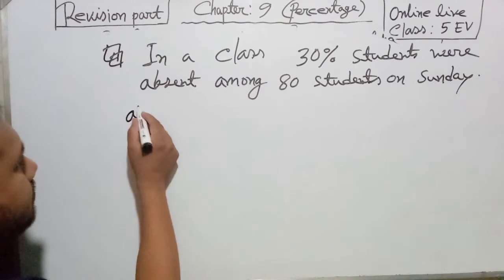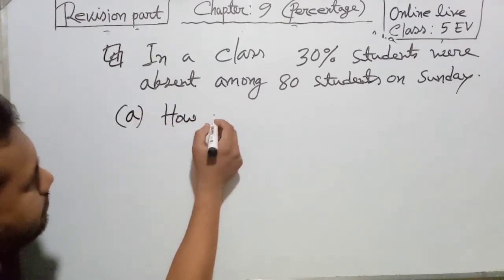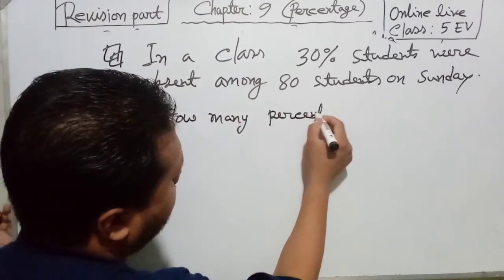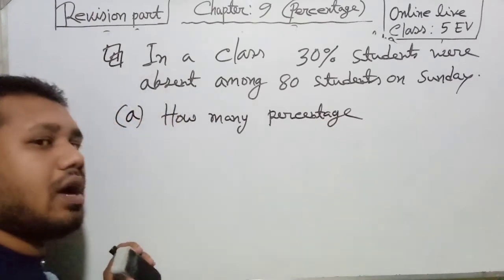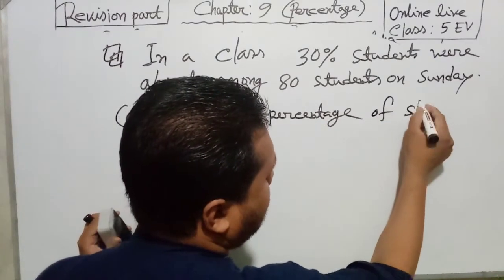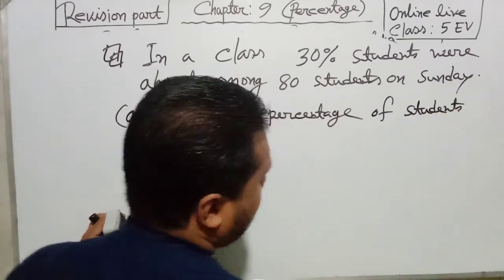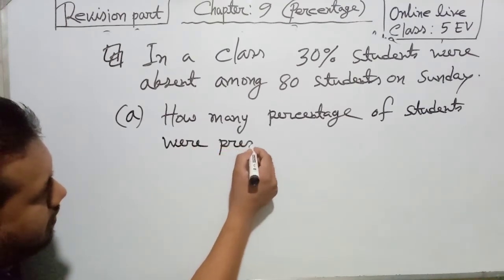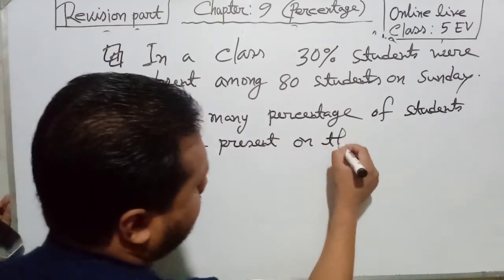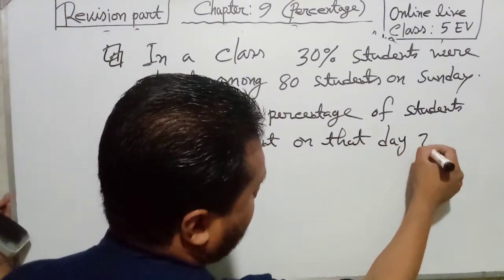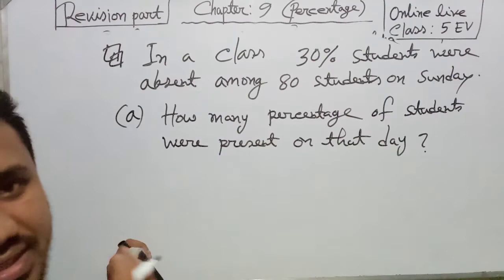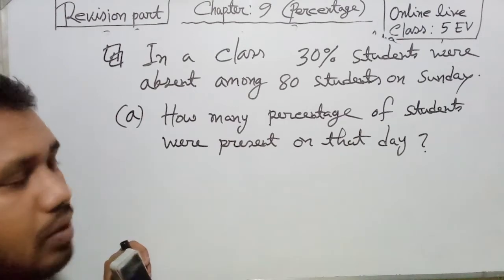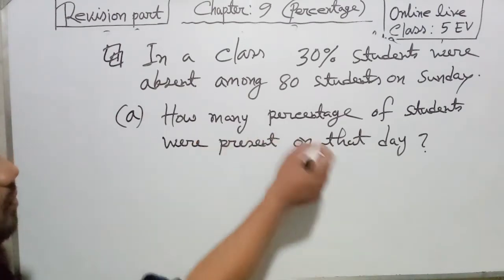Now a number, how many percentage of students were present on that day. That means we have to find the percentage of present students.